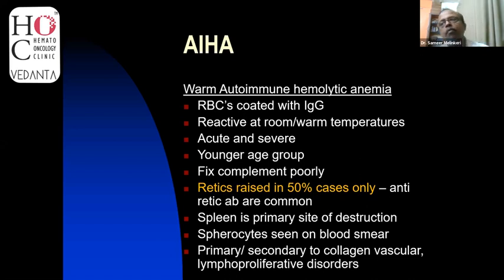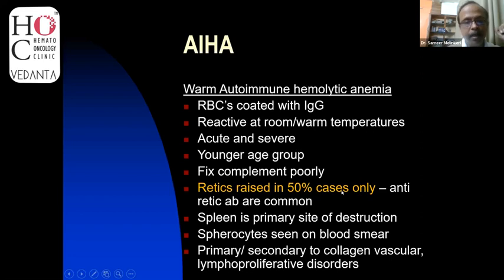Whenever the complement is activated, the red cells tend to get destroyed rapidly, and often within the blood itself. So IgG doesn't cause much complement activation, and therefore it is predominantly extravascular hemolysis.